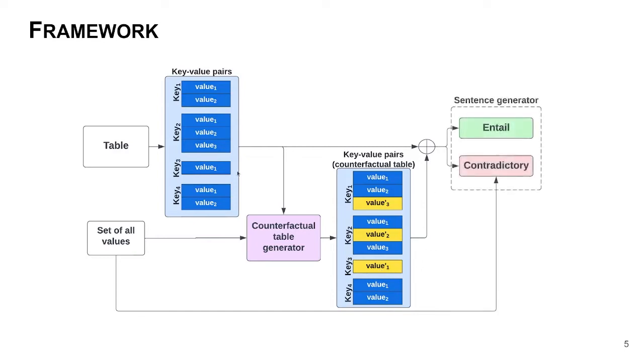Now we give these two tables, the original key-value pairs and the counterfactual table, to the sentence generator, which then generates two sentences for us. One is entailed, another is contradictory. For creating the contradictory one, we also have to give it the set of all values.